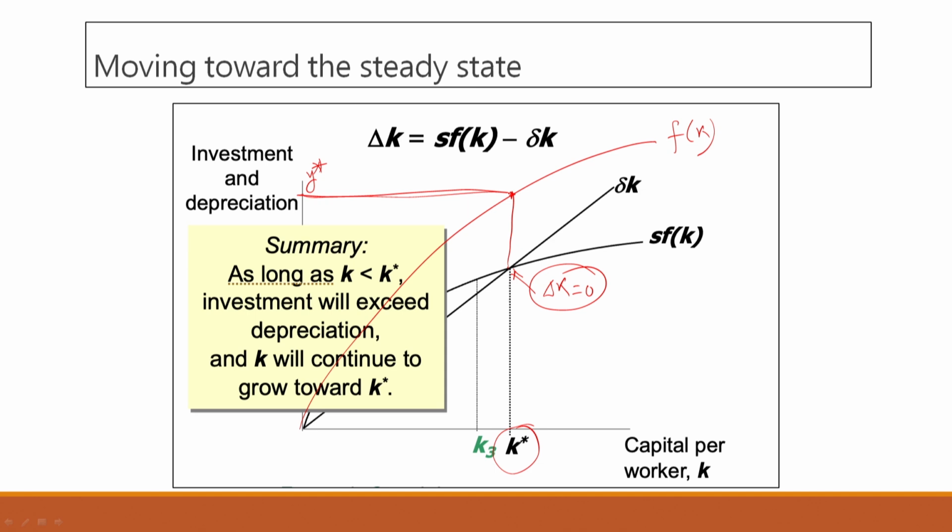Does that imply that this economy is not growing in terms of income? That's the question here. Think about it. If we can answer that question, we will also know why this is known as the steady state.